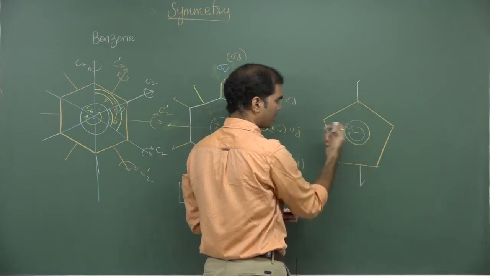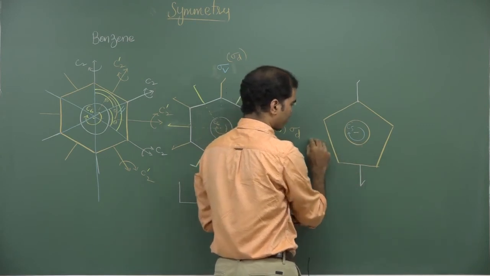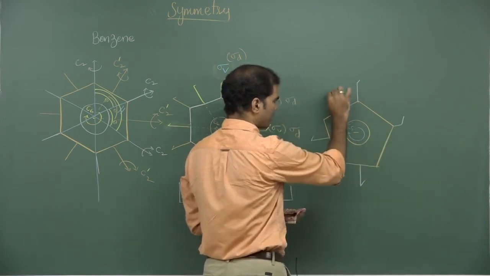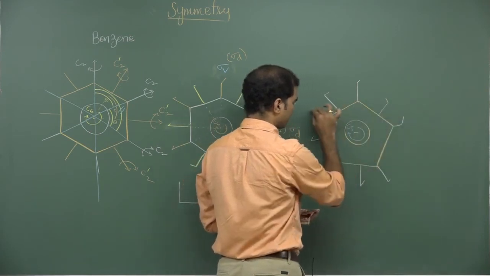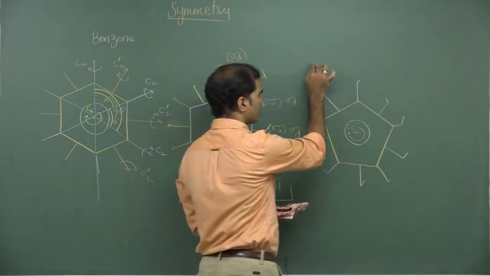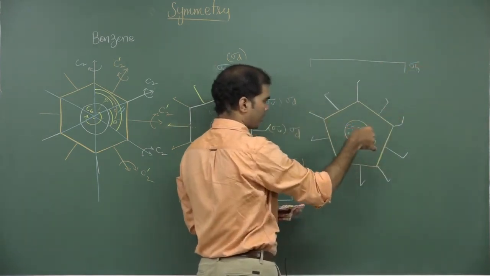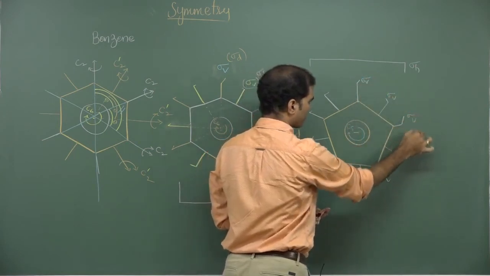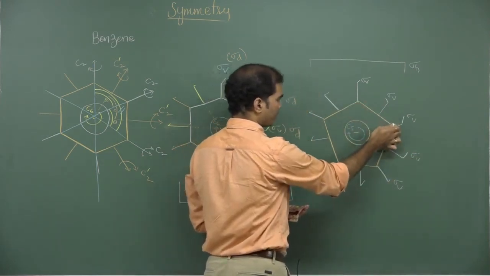C2 was also passing in a similar way. It is taking up one corner and an opposite edge. Similarly, each plane is also taking a corner and the opposite edge. Sigma h is anyway present. Now with respect to the principal axis, all these I am calling sigma v. Five. 1, 2, 3, 4, 5.